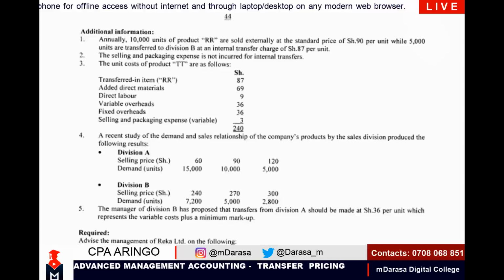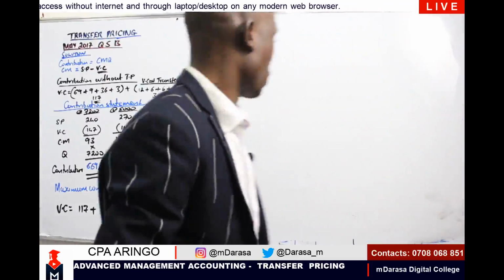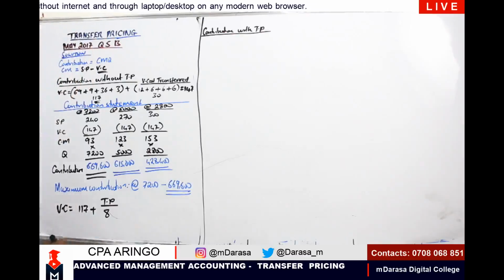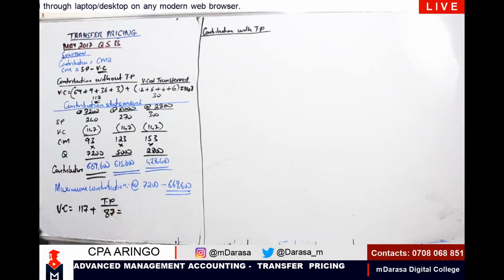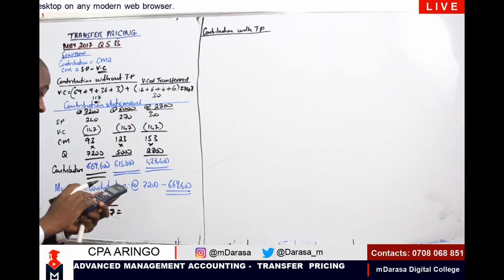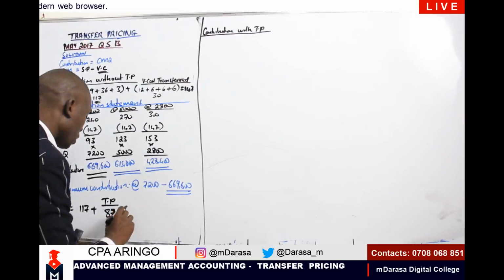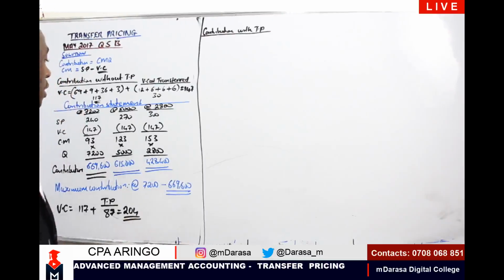So I'm having transfer price of 87. Therefore, 117 plus 87 gives us a figure of 204.